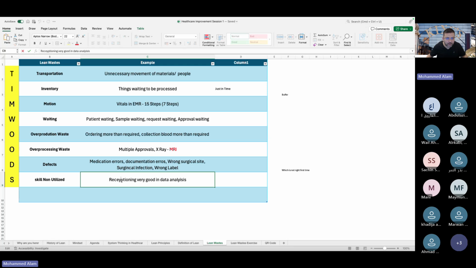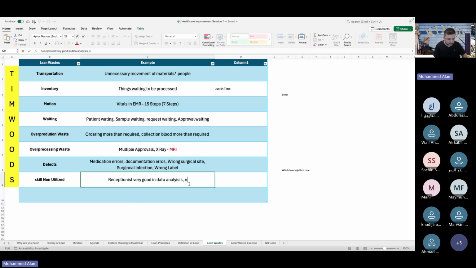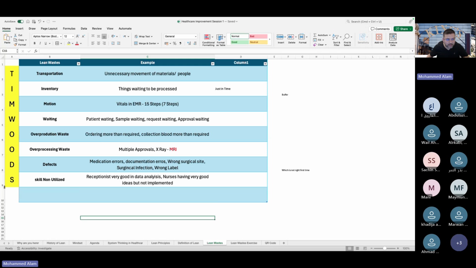I'm just giving an example. So we have multiple people in hospitals who are very good in many other things. For example, nurses having very good ideas, but not implemented. So that's skills non-utilized.